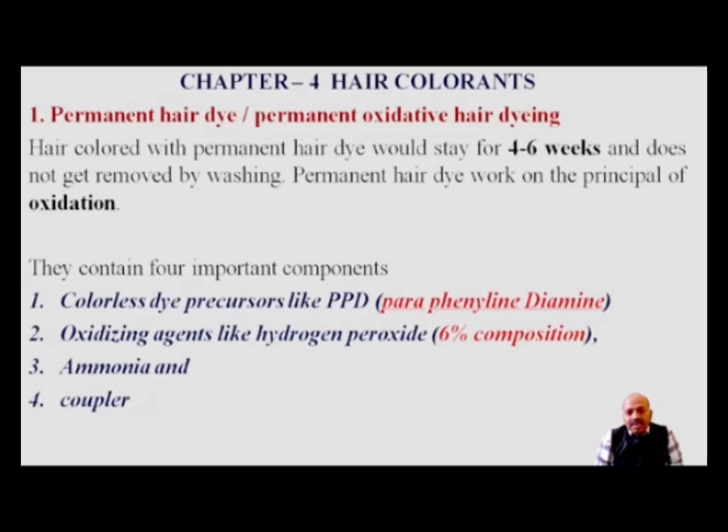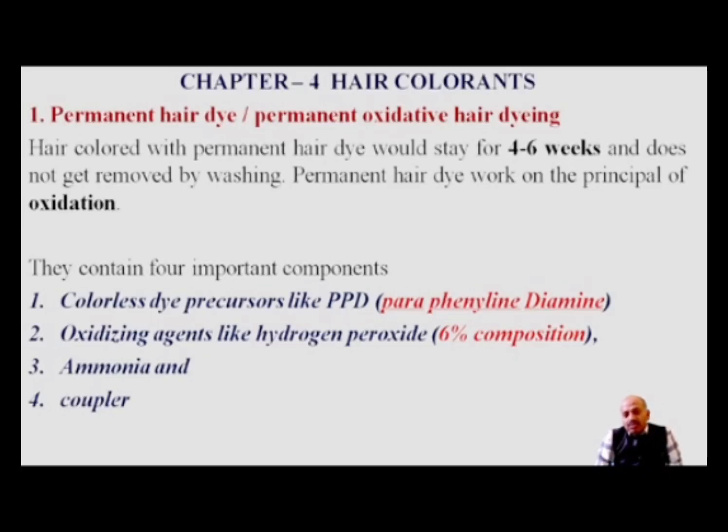First one is permanent hair dye or permanent oxidative hair dye. The word permanent means it will last for a longer time. Of course, nothing is permanent in this world. But permanent hair dye will last longer compared to the other forms of dyeing systems. Hair color with permanent hair dye would stay for 4 to 6 weeks effectively and does not reduce or remove by washing.